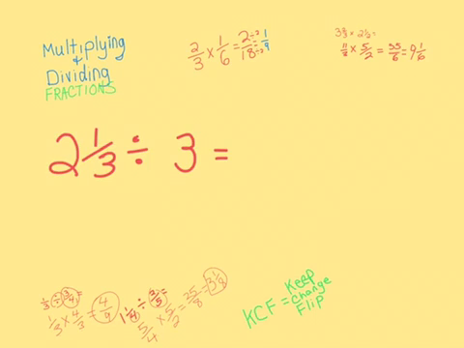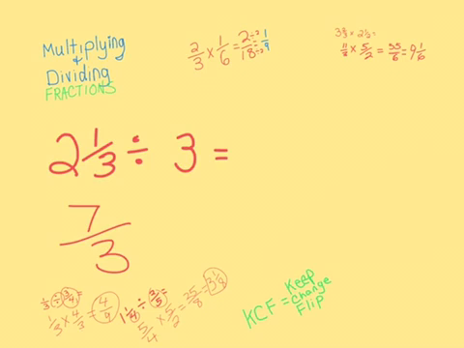So 3/1. First we are going to change the mixed number into an improper fraction. 2 times 3 is 6 plus 1 is 7 over the denominator of 3.